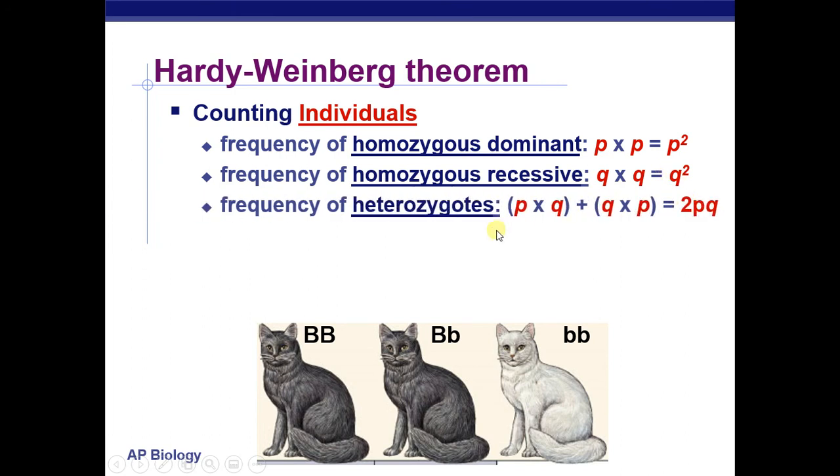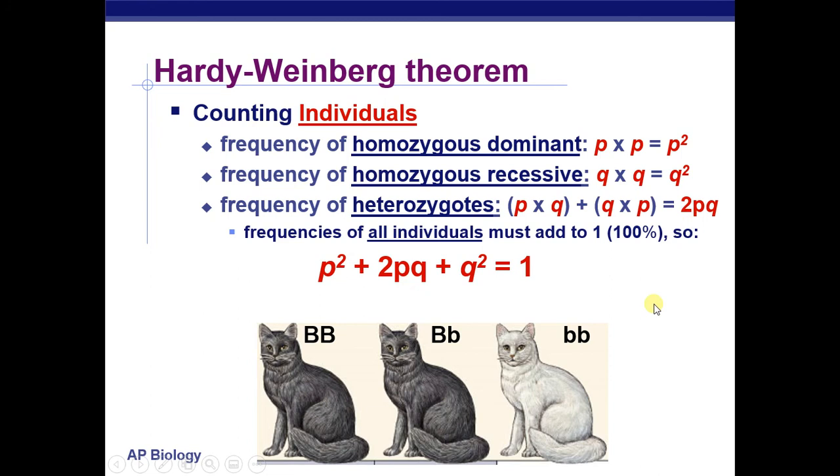And the frequency of the heterozygote is p times q plus q times p, either way, commutative, you get the same thing, 2pq. So the frequency of all individuals must add up to 1. So the second Hardy-Weinberg equation is p squared plus 2pq plus q squared equals 1.